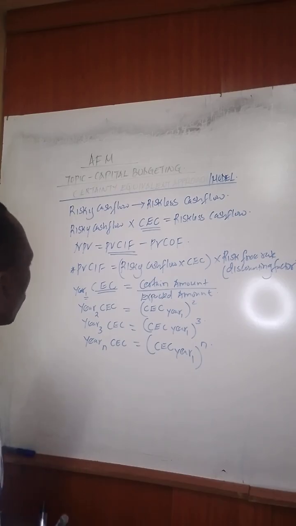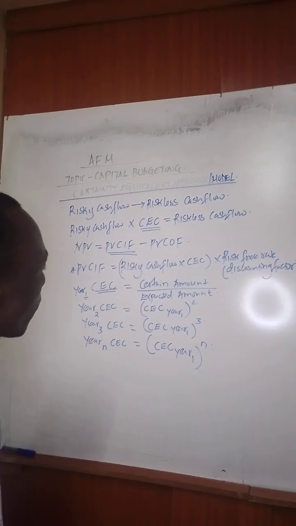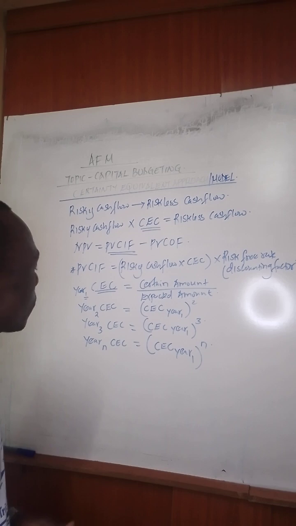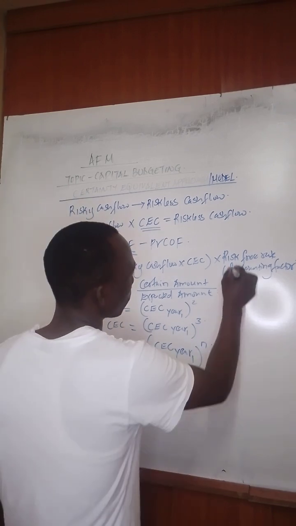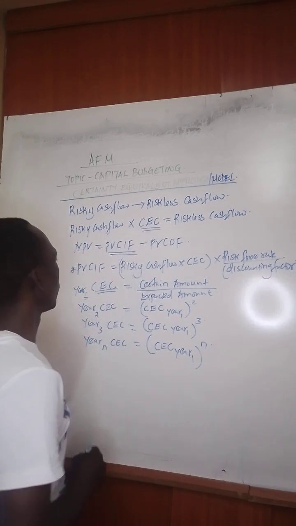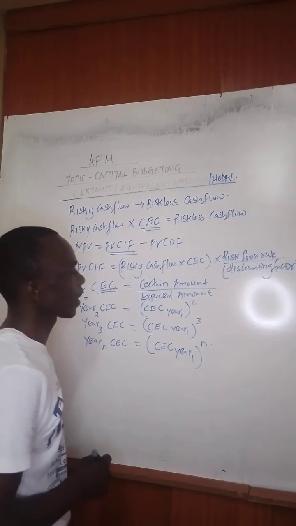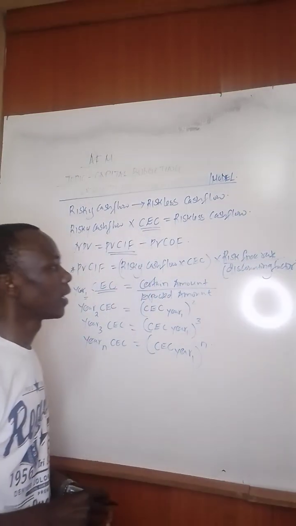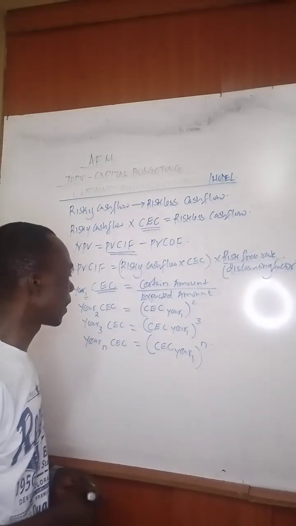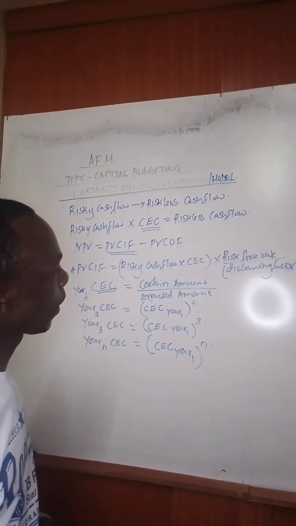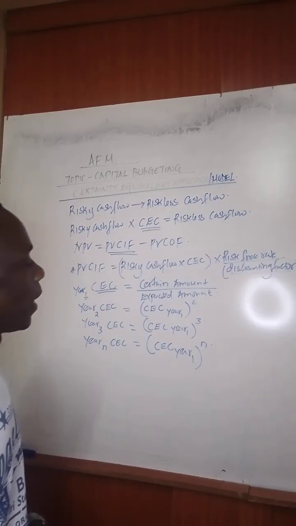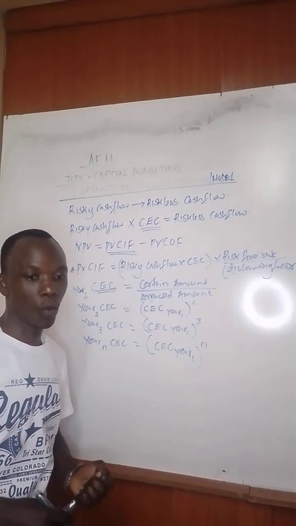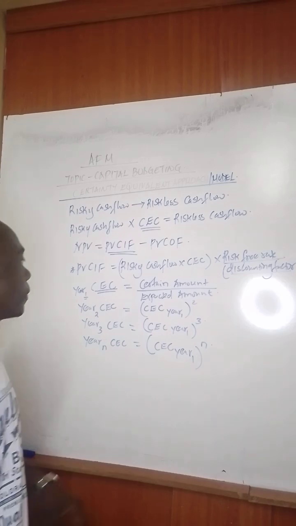What you just need to remember when you are looking at illustrations or questions under this approach is that when you are discounting your riskless cash flows, we normally discount using the risk-free rate, unlike the normal NPV, where we discount using the cost of capital or the required rate of return.